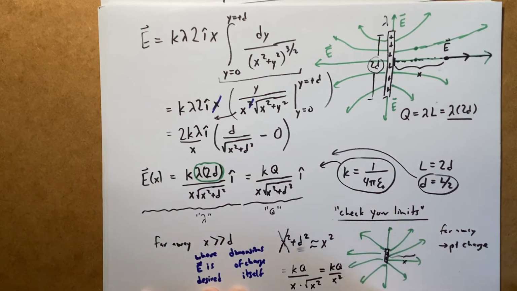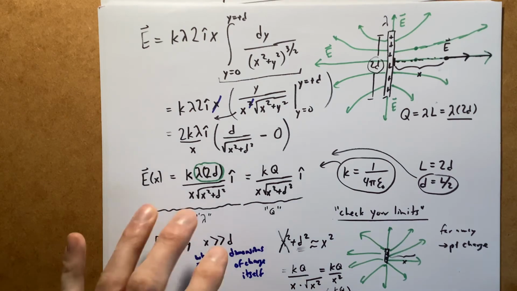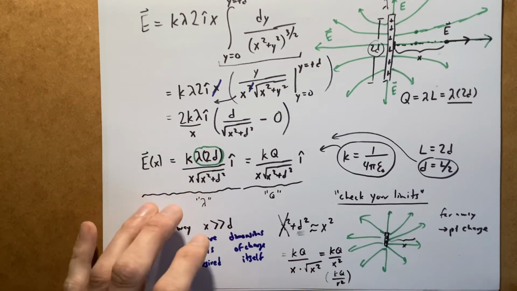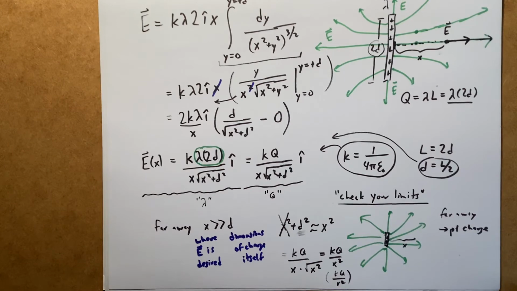So this is matching exactly with essentially kq over r squared. So I have discovered that the equation I got does indeed match exactly with point charge behavior once I go far enough away.